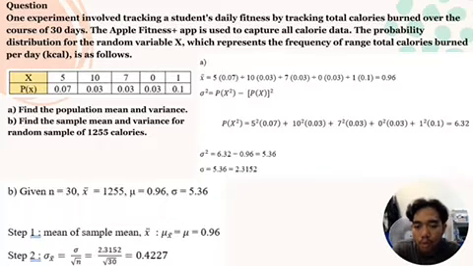And step two, we must put it into the formula, which is the standard deviation divided by the square root of n. We get the total of 0.4227.